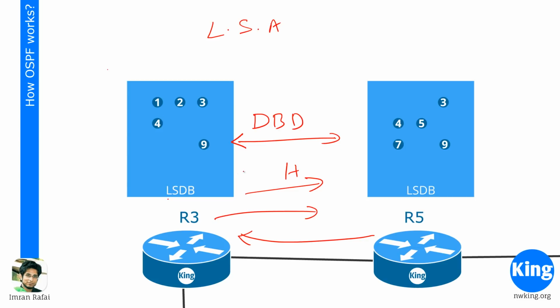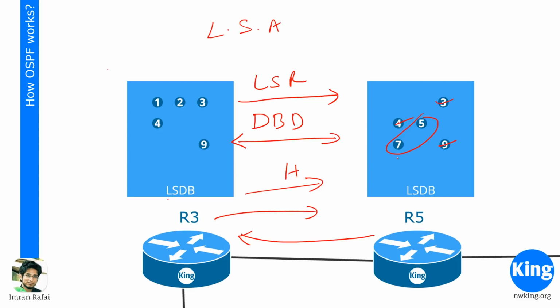Now, if they compare, router 3 would receive the DBD from router 5 and say, okay, I have 3, 4, and 9, so just send me 5 and 7, right? So router 3 would send an LSR, link state request, to router 5 to send 5 and 7.